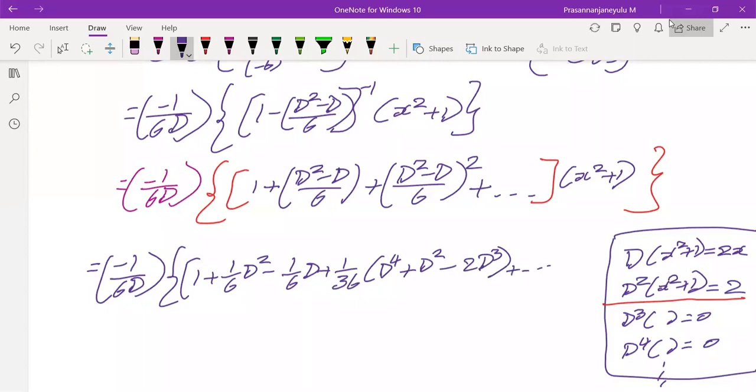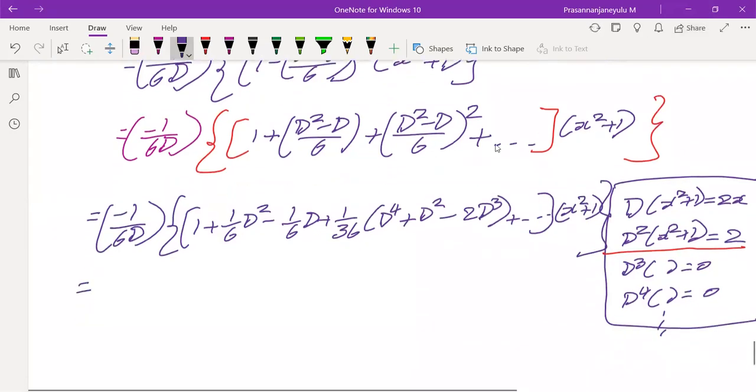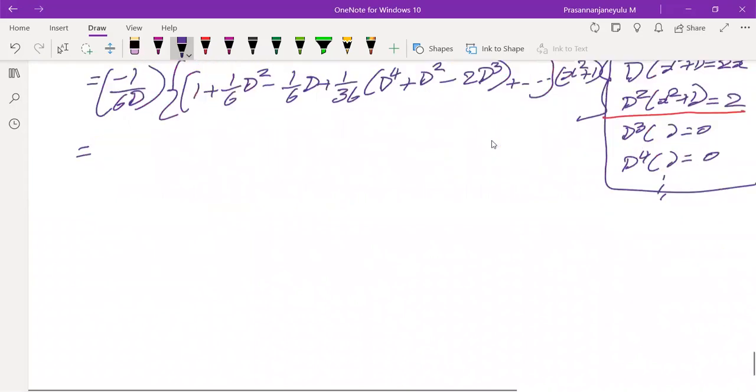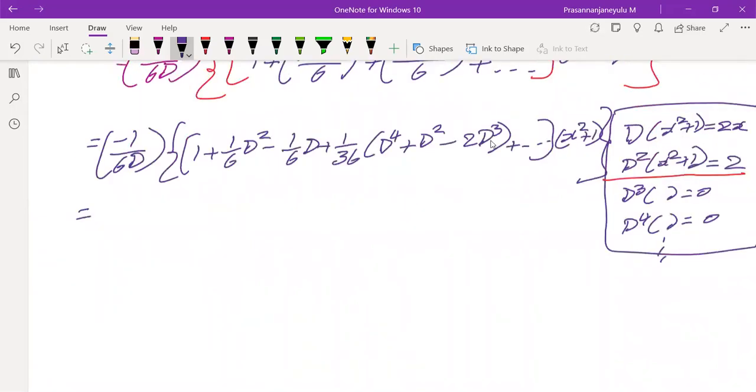Plus, and so on, of x square plus 1. Now I'm going to multiply each and every term with the x square plus 1. That means 1 by 6 of 6 into D square of x square plus 1, minus 1 by 6 into D of x square plus 1, like that we are going to write.